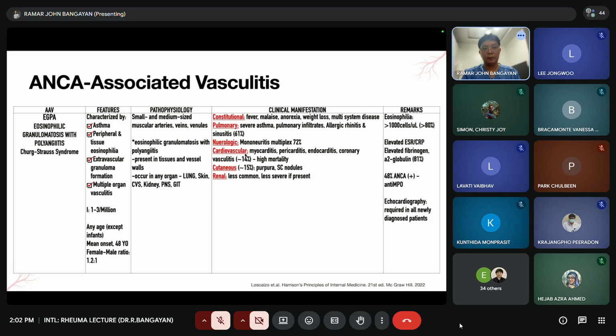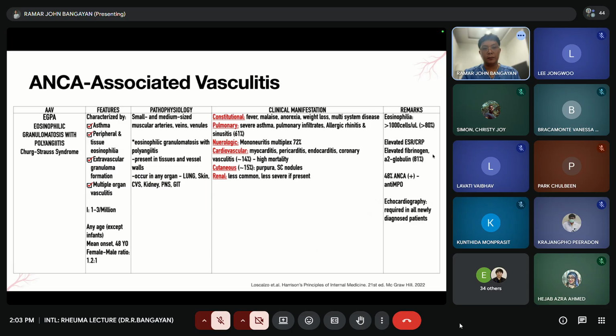Just like systemic sclerosis, once you have involvement of the heart, it makes the prognosis very poor. By studies, within 5 years, the patient is going to succumb to death. That's why we require 2D echo for all patients that are newly diagnosed with EGPA.